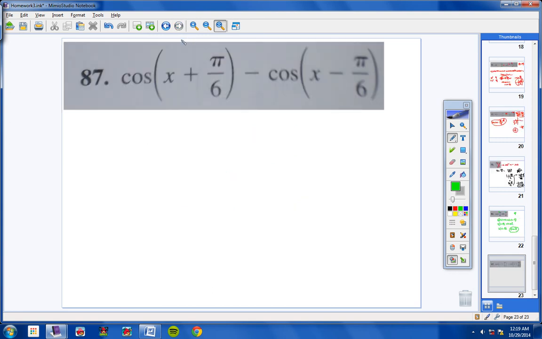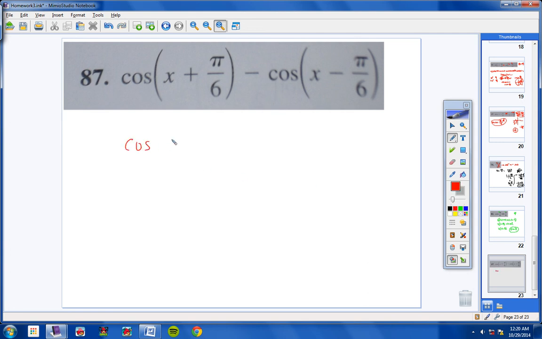This is going to be really, really, really weird, okay? If you'll look at your trig identity sheet, you will see an identity that looks like this on your sum to difference and difference to sums. You will see one that looks like this.